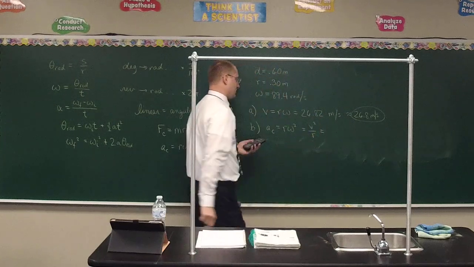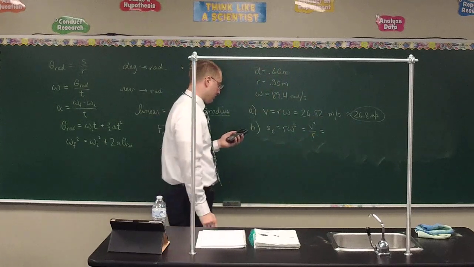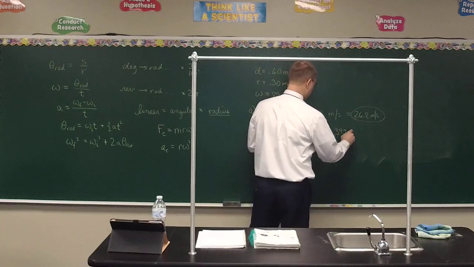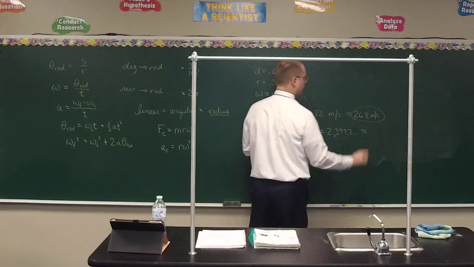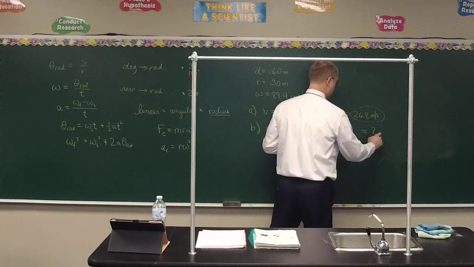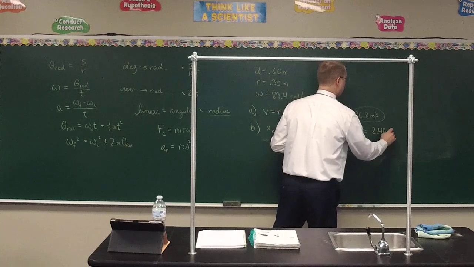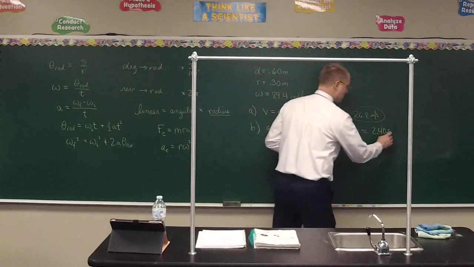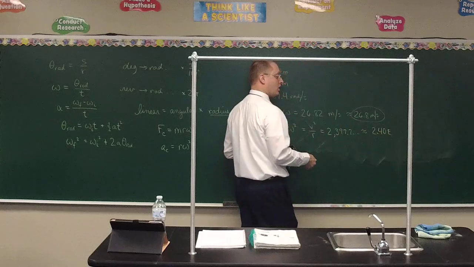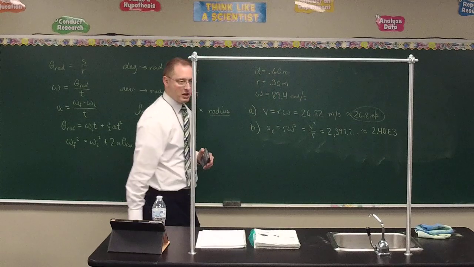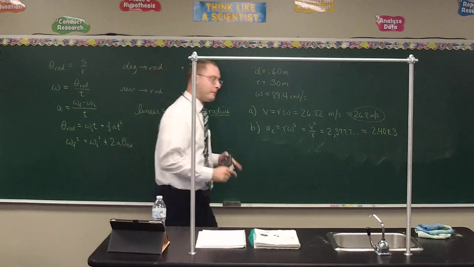And what is the centripetal acceleration? 2,397.7. Okay, round it off. 2.4. Yeah, 2,400 is great, but there's only two sig figs. We have to go scientific notation. 2.40 E3. And acceleration is measured in meters per second squared.